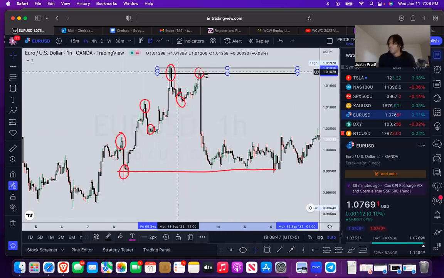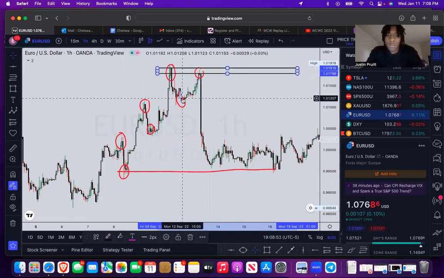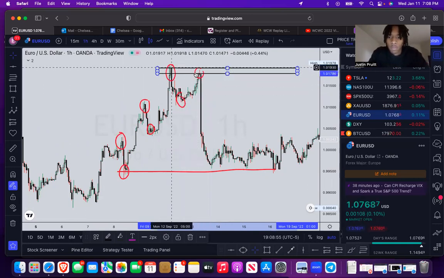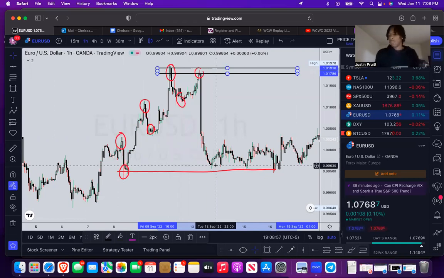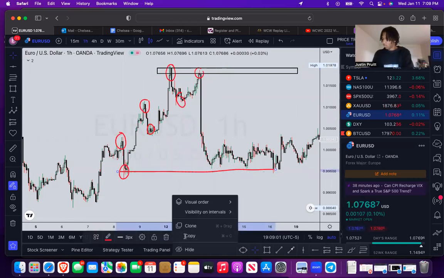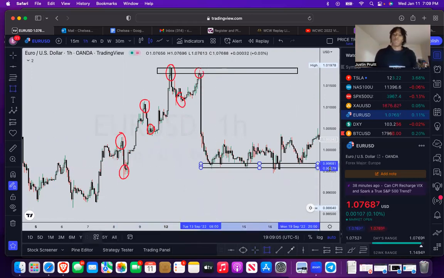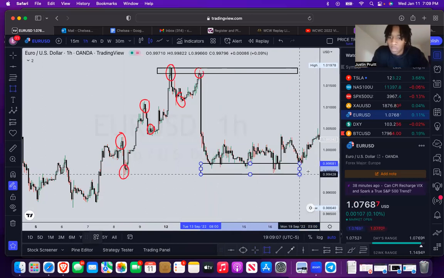They're equal. So here is an area where price came and fell, and then she came right back equally to this area and fell as well. And when she fell, she kind of stopped in this area right here.